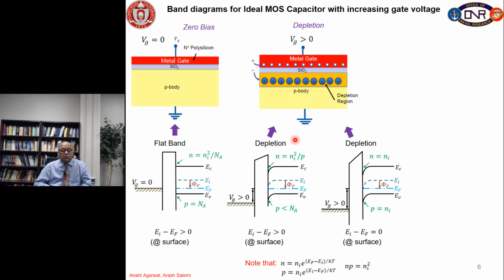Now, here in terms of energy band diagram, we are showing two conditions. So, the first condition is the bands bend down.